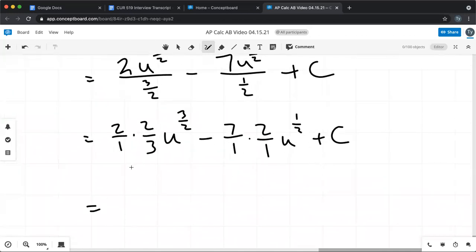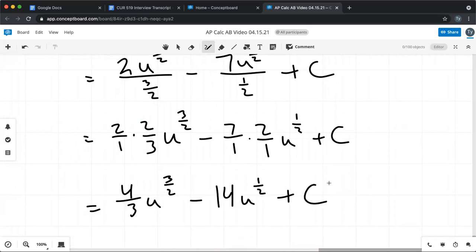And finally, we can simplify a little bit. We got 4/3 u to the 3/2 minus 14 over 1, or just 14, u to the 1/2 plus c.